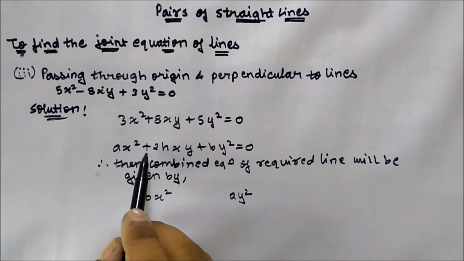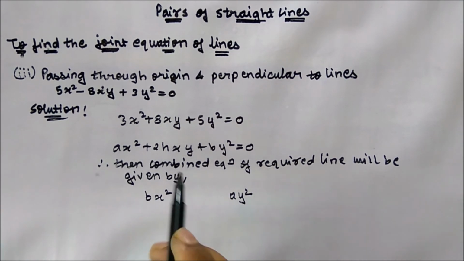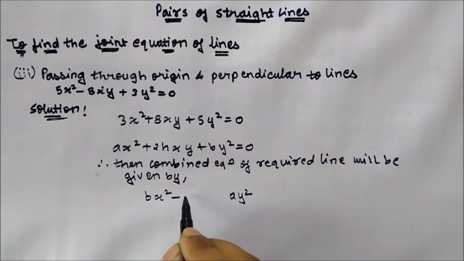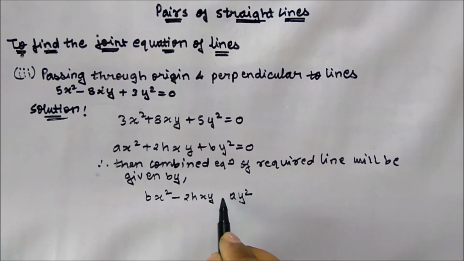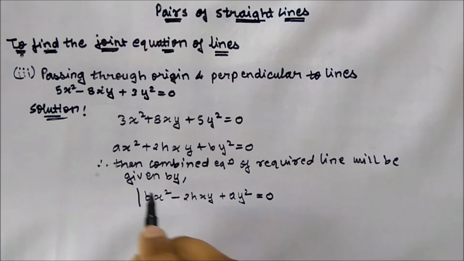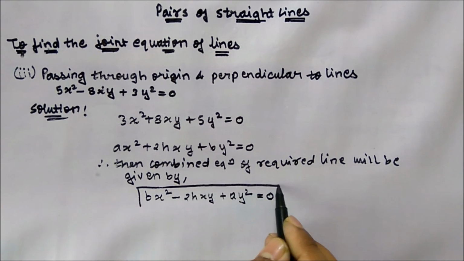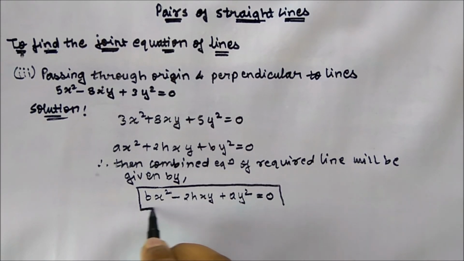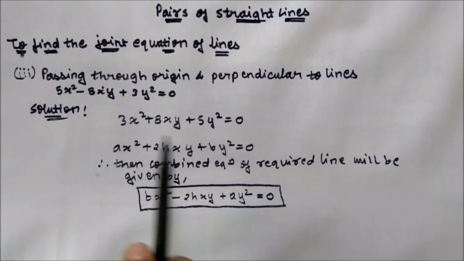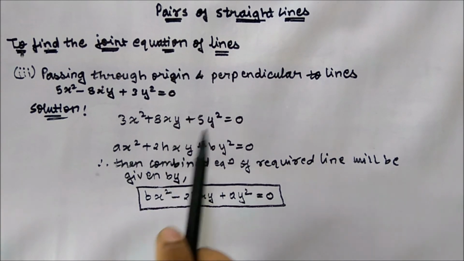If it is plus, we make it minus, and if it is minus, we make it plus. So now it is plus, we make it minus and write 2hxy as it is: bx square minus 2hxy plus ay square equal to 0. Using this equation we can find our answer or verify our answer quickly.